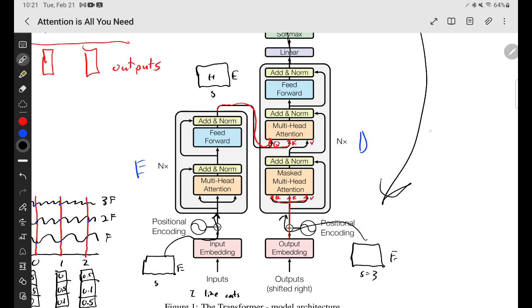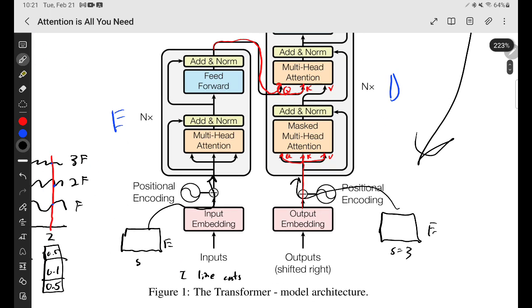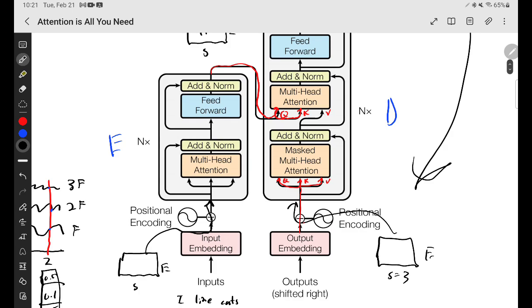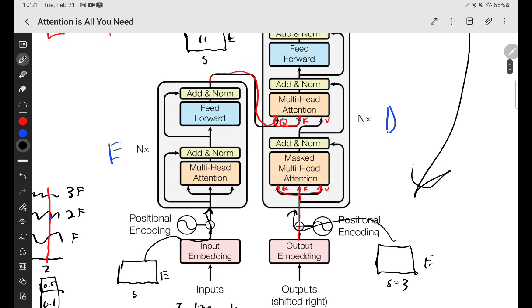We don't do it in the encoder because we want to know all information about I like cats. Whenever we're translating, we know the entire sentence I like cats. Whenever we're decoding, we only know the sequence, we only know the past. And that's what the mask does. The mask only allows it to look at the past.